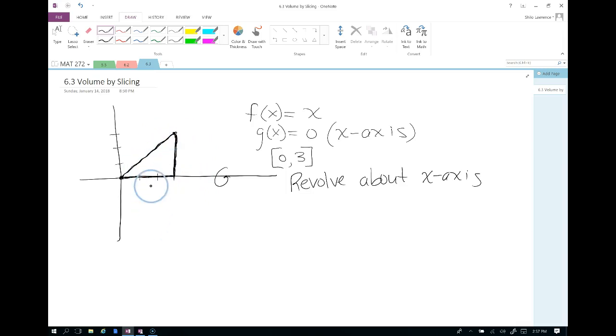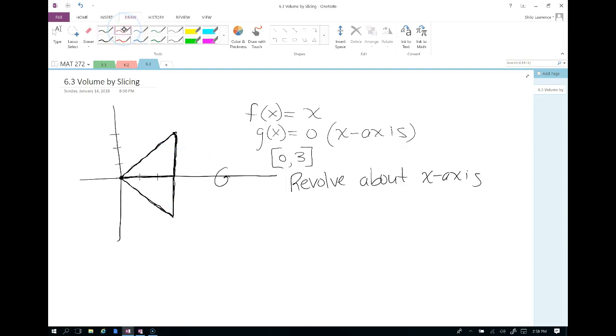When it gets to 180 degrees, we are going to have an exact replica of it. It's going to be the reflection over the x-axis. And we use the reflection to help us draw what the solid is going to look like. And then it's going to continue spinning back around the other side of the x-axis. And when it gets to 360 degrees, it'll be back up where it started.